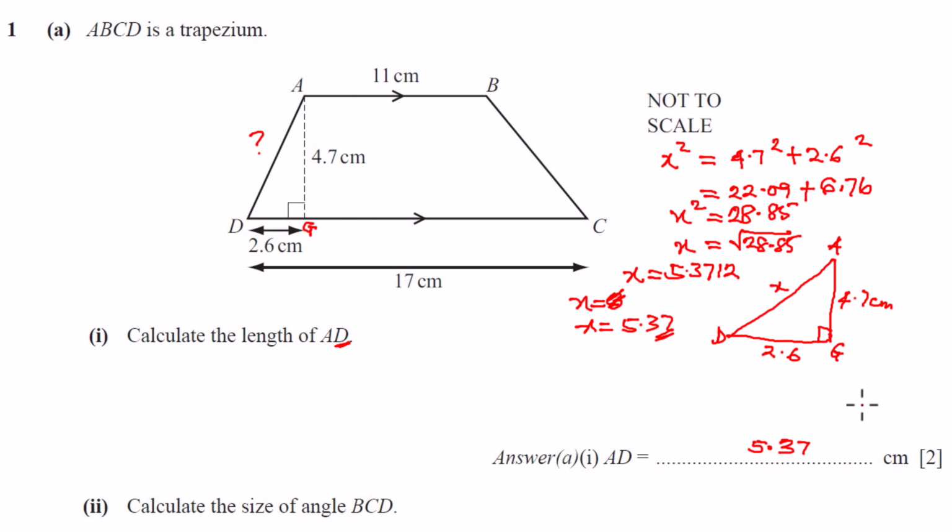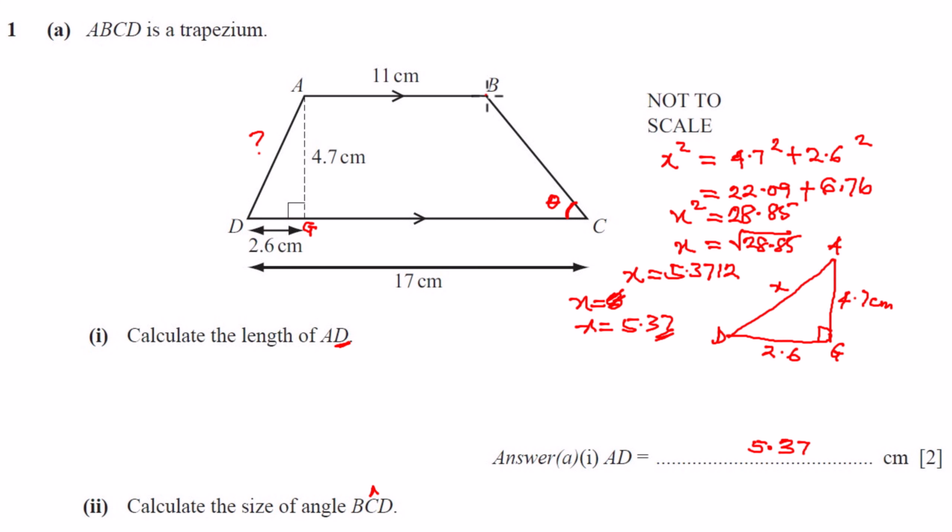Now we are asked to also find the size of BCD. That's angle BCD. When they give you something like this, the letter at the center is the angle you are usually looking for. So BCD is this angle here. Let's call this place theta. To find theta here, we are going to consider this triangle.